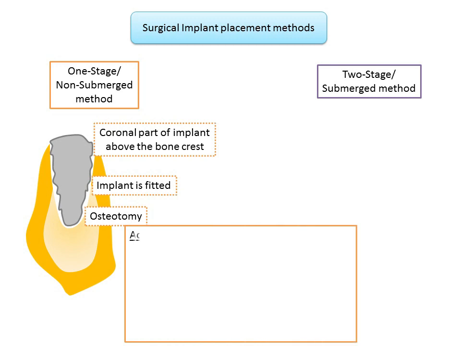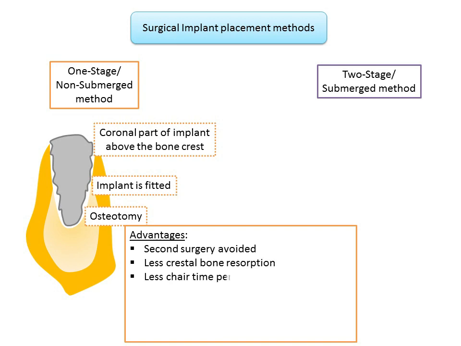The advantages of the one-stage method include the avoidance of a second surgical procedure, the lack of a micro gap between the implant and the abutment at the alveolar bone crest level, resulting in less crestal bone resorption. The prosthetic procedure is simplified and less chair time per patient is required, and a non-loaded, immediate or delayed loaded protocol can be implemented.